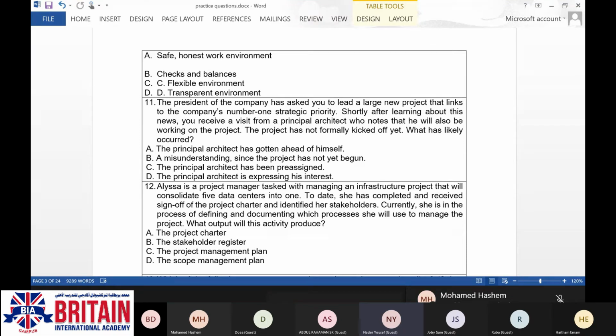The principal architect has gotten ahead of himself. A misunderstanding since the project has not yet begun. The principal architect has been pre-assigned. The principal architect is expressing his interest.